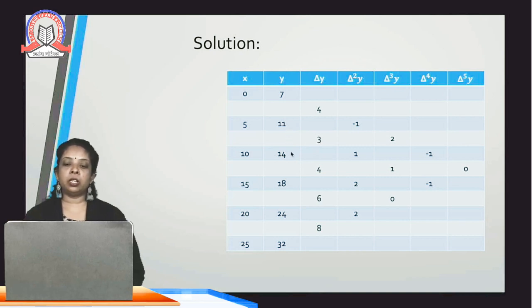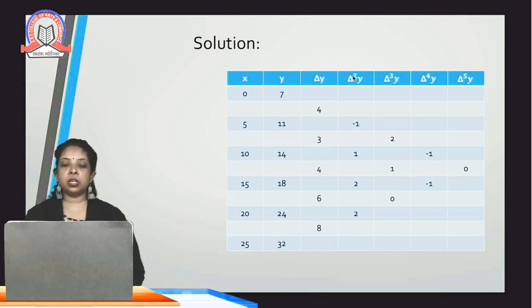I have written that 3 in between the values 14 and 11, that means it is the difference between 11 and 14. Next is 18 minus 14, which is equal to 4. Next is 24 minus 18, which is equal to 6. And next is 32 minus 24, which is equal to 8. Understand? So that is the column of delta y.